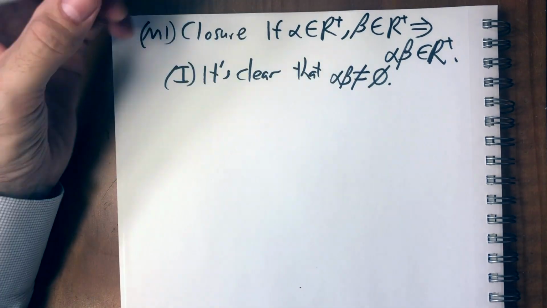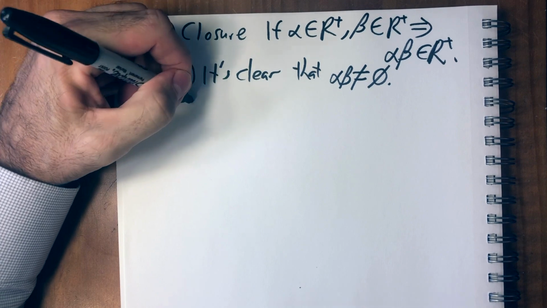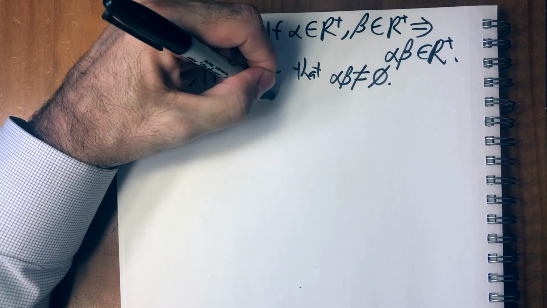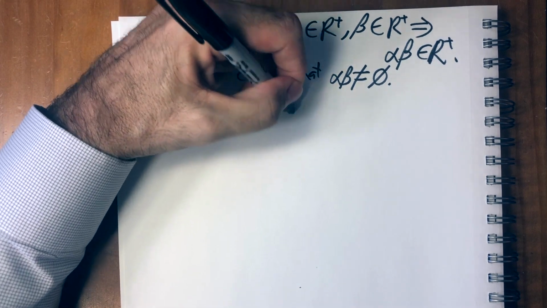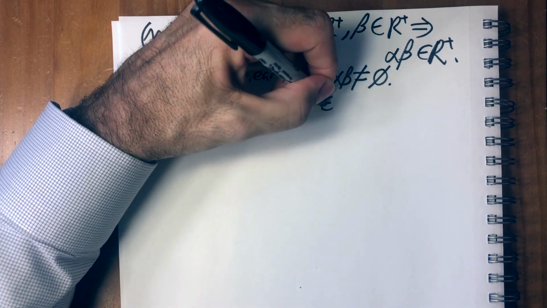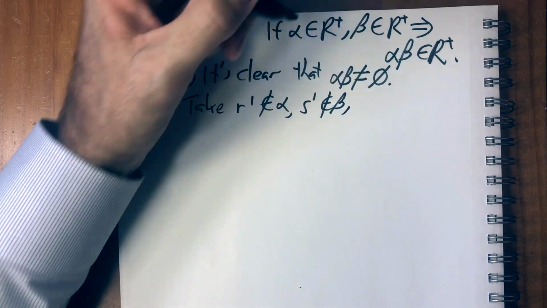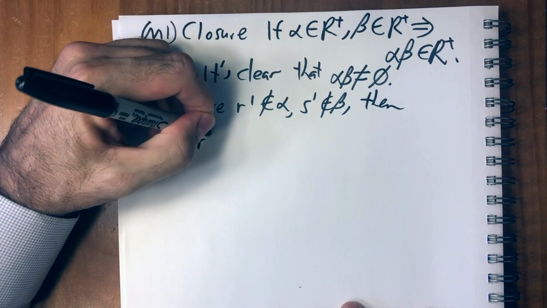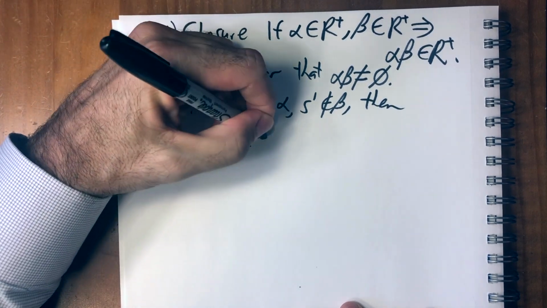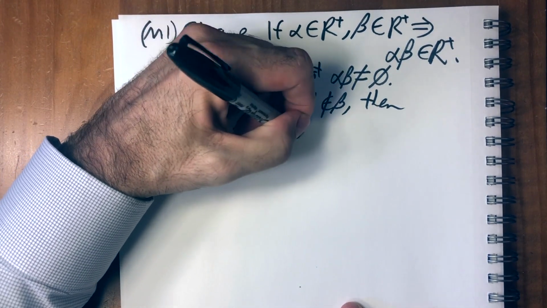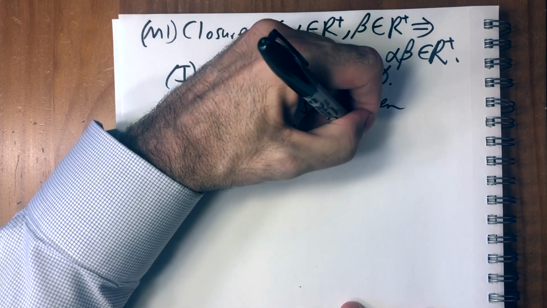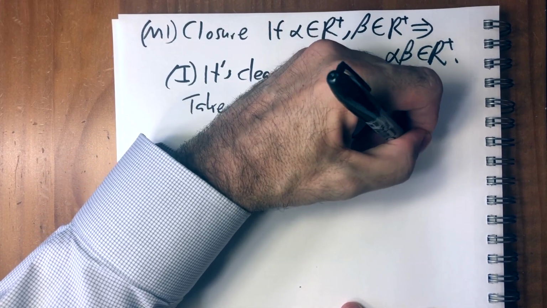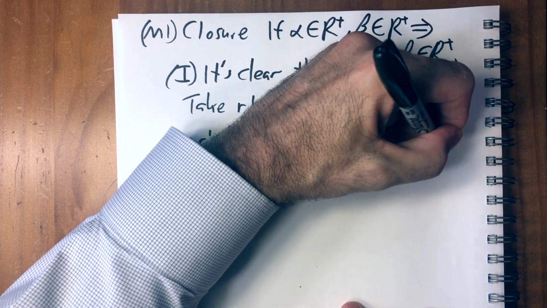To prove that it's not all of Q, take r prime not an element of alpha and s prime not an element of beta, then r prime s prime is greater than rs for all choices of r and s.